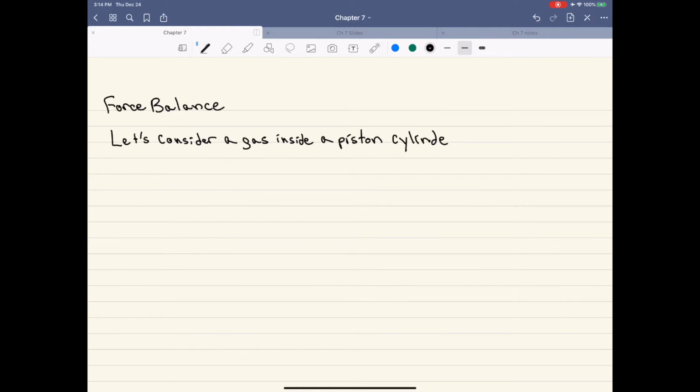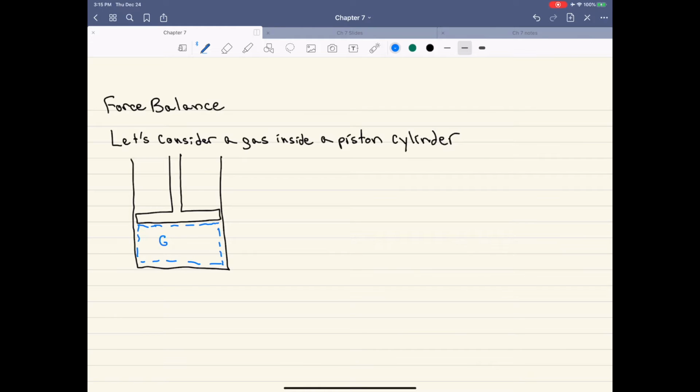And so we have our cylinder, and we have some sort of gas underneath the piston.